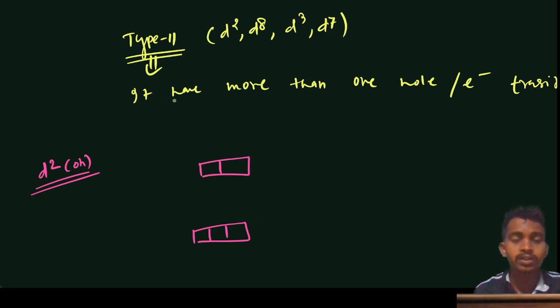Unlike type 1, where there was only one hole or one electron transition, here in this case more than one hole or electron transition is present.